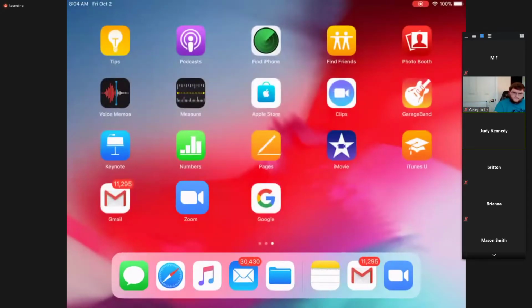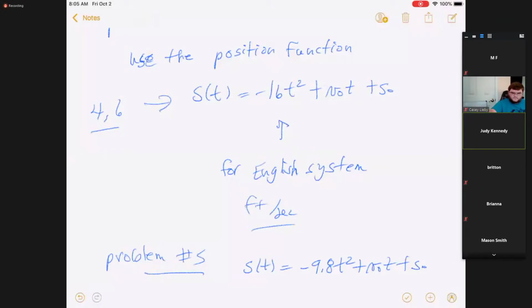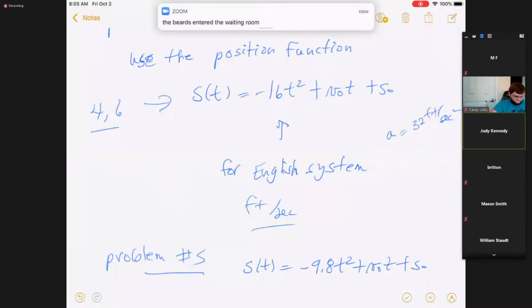Okay, and the reason in the English system, acceleration due to gravity is equal to 32 feet per second, so feet per second squared. And that's your second derivative, and from that you get your first derivative. From that, you get your function. I don't want to go into all that yet.